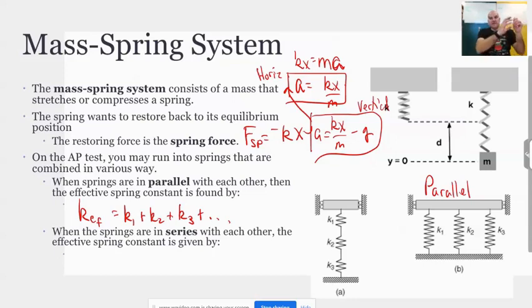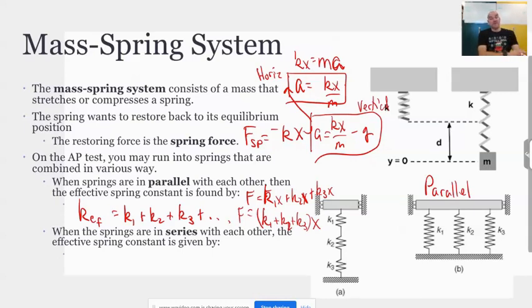Well, this force is pulling all three springs down, so it's K1x plus K2x plus K3x. If they're all stretched the same distance, I can factor out that x, and I end up with K1 plus K2 plus K3 times x. And that, K1 plus K2 plus K3, is our effective spring constant.